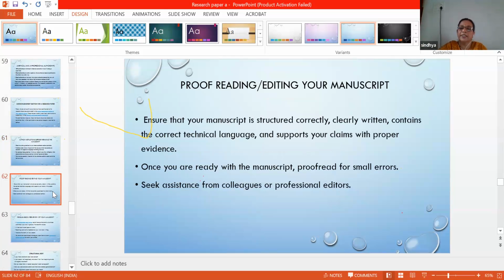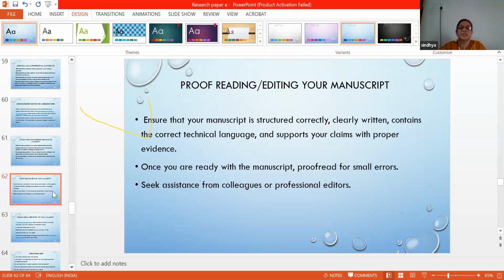Then proofreading and editing. When the research paper is ready, we have to undertake proofreading. We have to ensure that our manuscript is structured correctly, clearly written, correct technical language is being used, and with proper evidence, sufficient data is there to establish our theory or research.